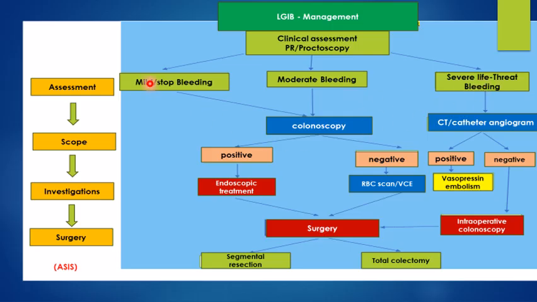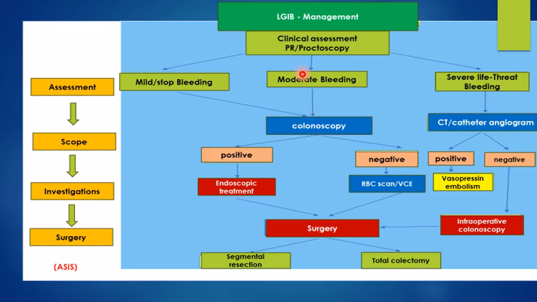Now, patients with mild bleeding, which form the large majority of patients, when the bleeding has stopped, you can prepare the patient for bowel preparation and colonoscopy as soon as possible. At the colonoscopy, you may find some positive findings, which can then be treated by using endoscopic procedures. And if necessary, the patient is subjected to surgery.